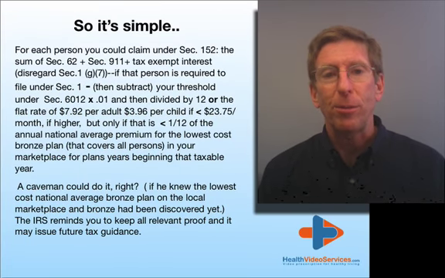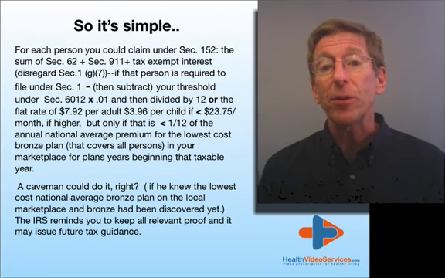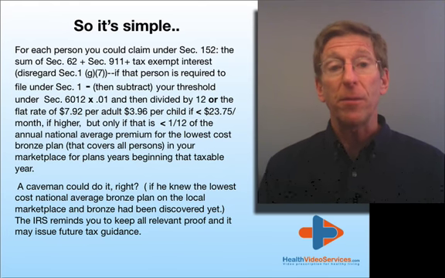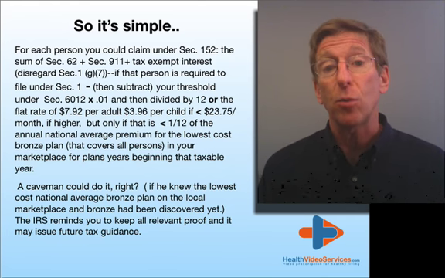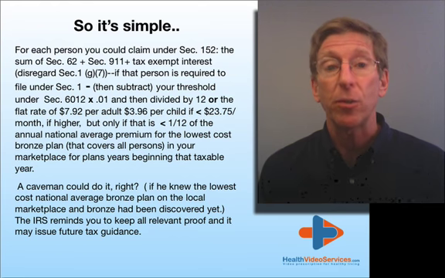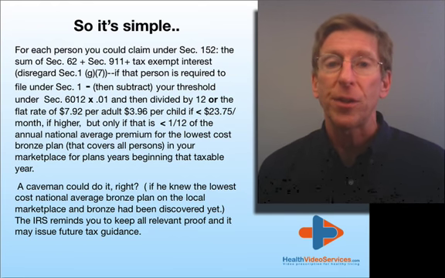It's so simple. For each person you could claim under Section 152, take the sum of Section 62 and Section 911 plus tax-exempt interest, disregarding Section 1(g)(7).